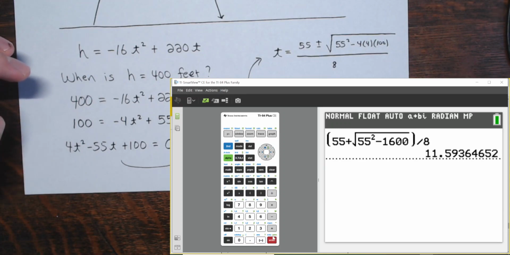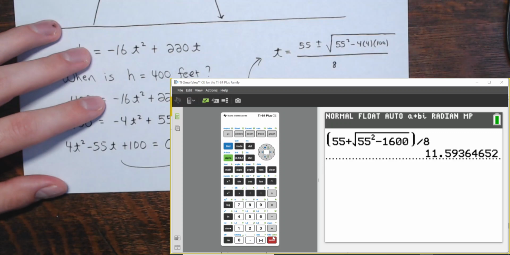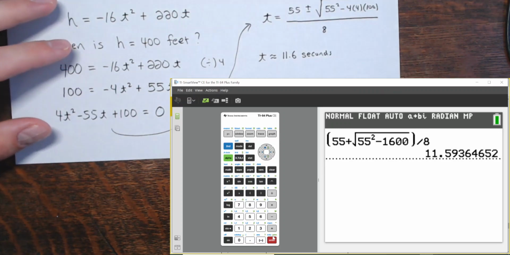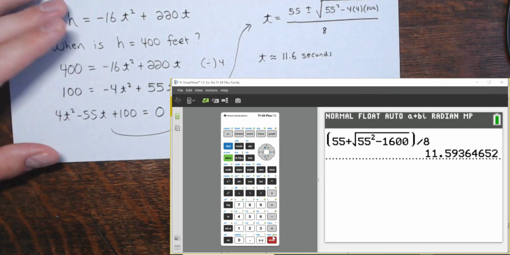So one of the solutions is t is about 11.6 seconds. That's one time when the arrow will be 400 feet in the air.